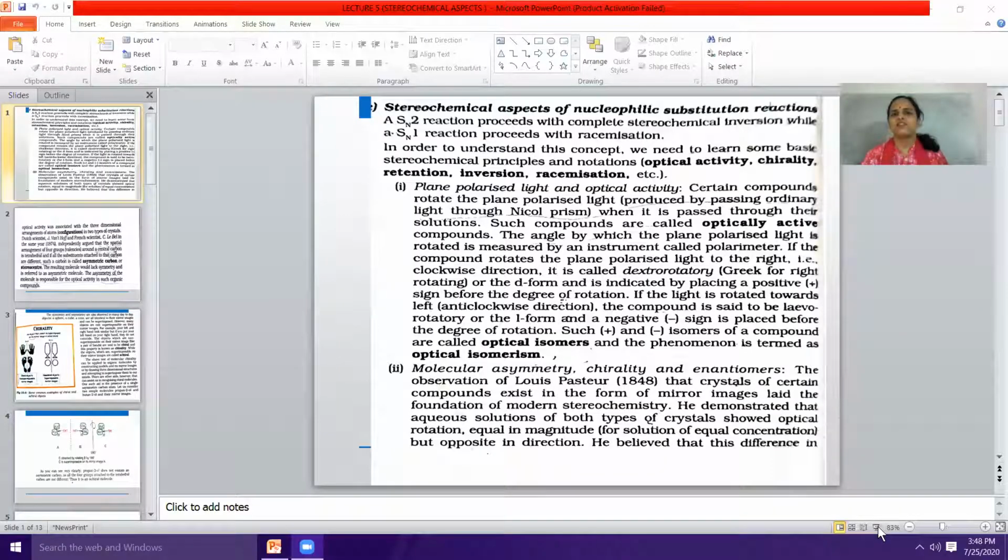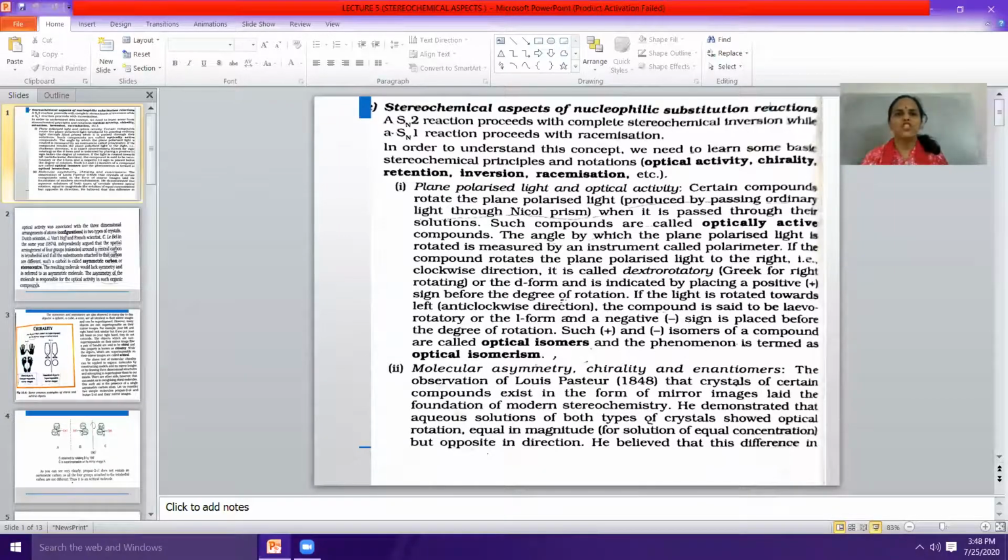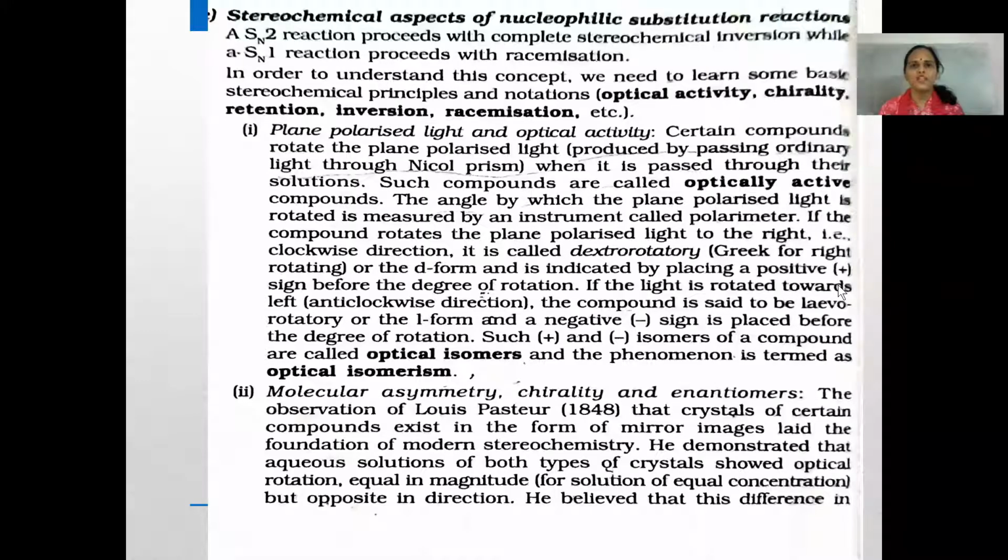Good morning, students. Today we'll start with nucleophilic substitution reactions, their stereochemical aspects. Before we deal with the stereochemical aspects of nucleophilic substitution reactions, we should know what stereochemistry is.